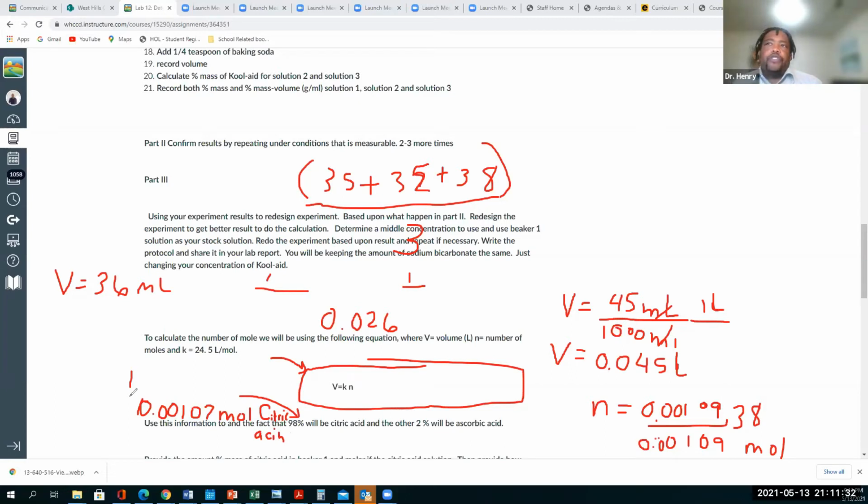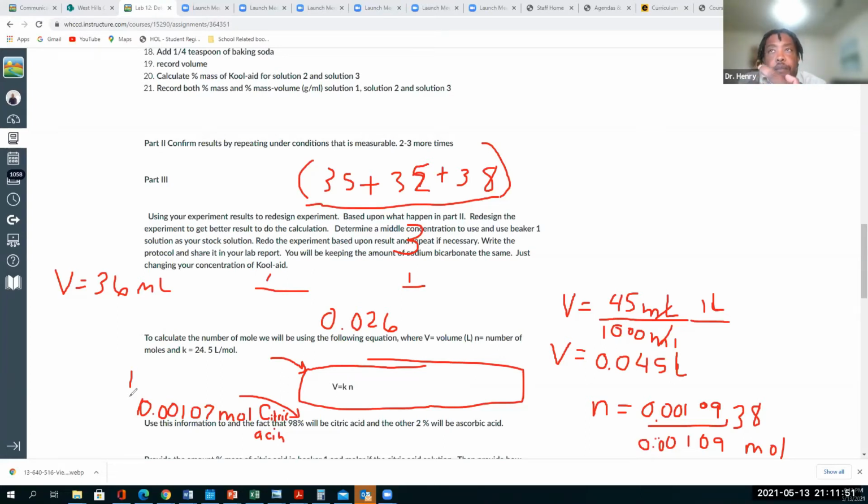Molarity is a form of concentration. So concentration is a way of having particles in solution. The way that we define concentration, it's usually going to be solute over solution, right?